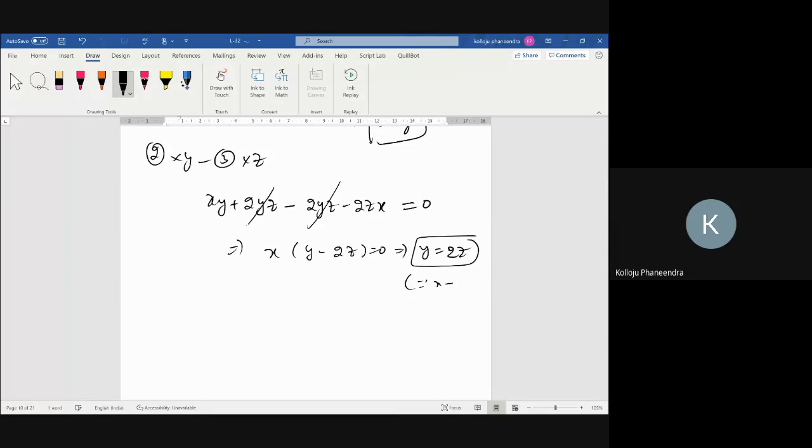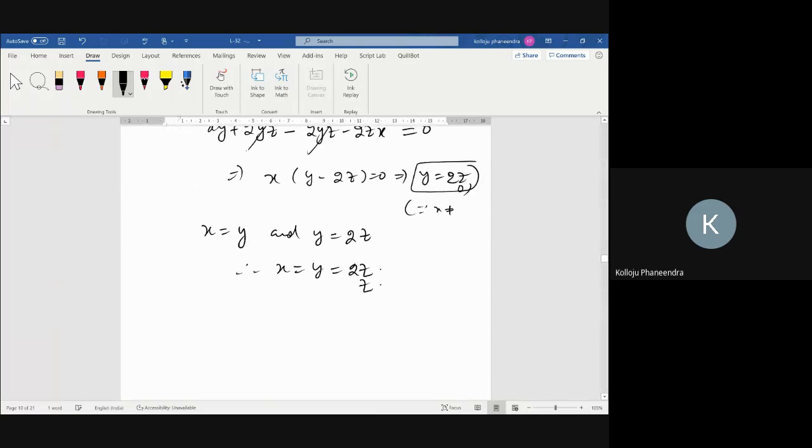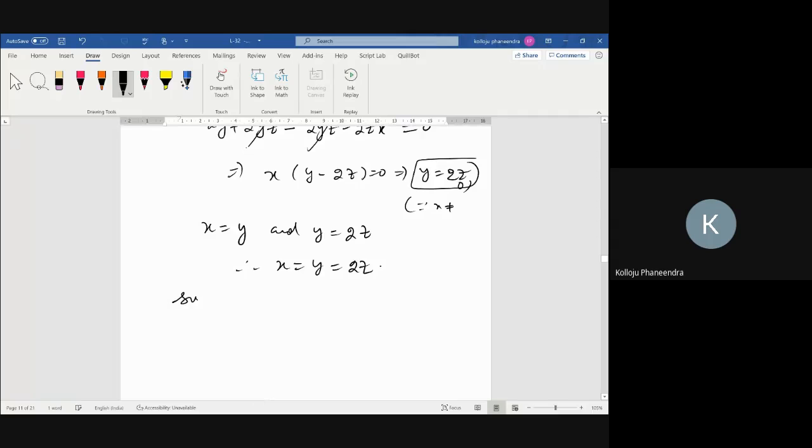Since x is not equal to 0, a dimension cannot be 0. So what am I getting finally? X equal to y and y equal to 2z. Therefore x equal to y equal to 2z. Now substitute this in the last equation, one more equation is there that we have not utilized. Substitute in 4.